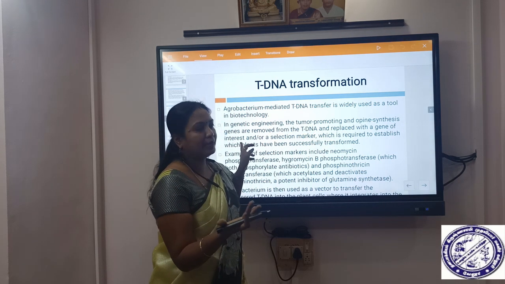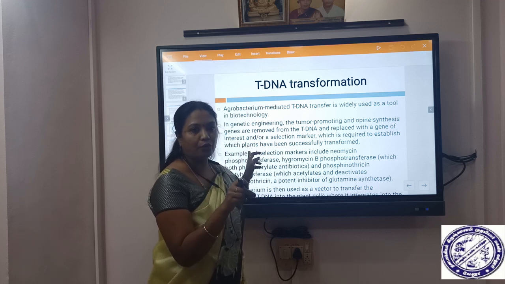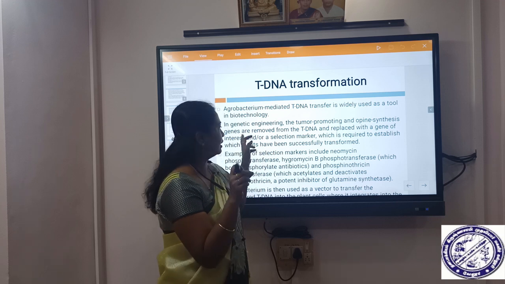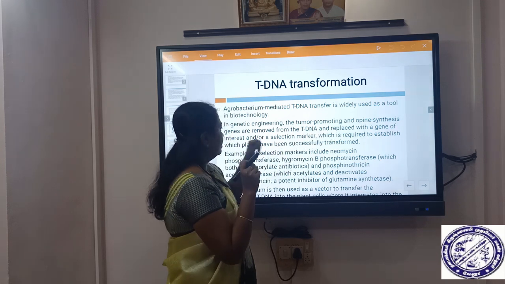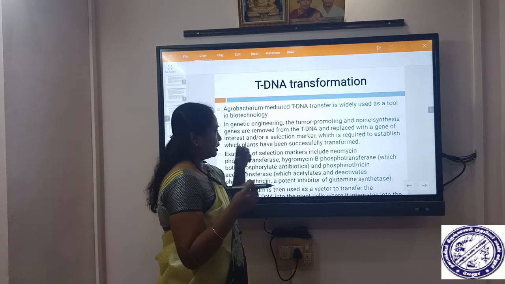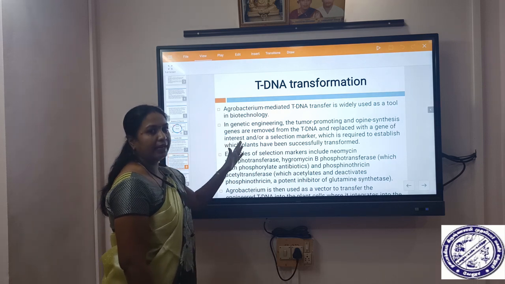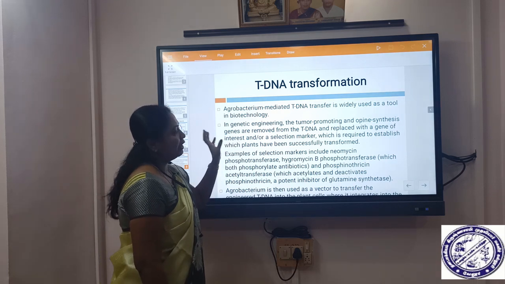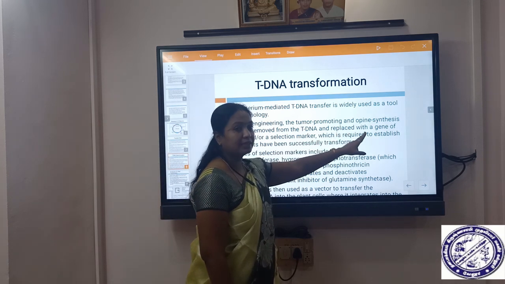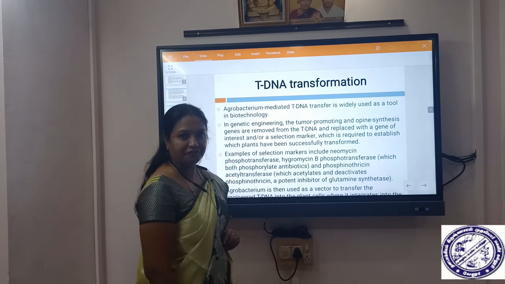For example, if you want to insert a particular character to the plant, you can isolate the gene and you can insert that in this place. As well, you can insert a selection marker, that is the antibiotic marker. So likewise, a genetically engineered Ti plasmid will have the tumor promoting and opine synthesis gene replaced with a selection marker and the gene of interest.